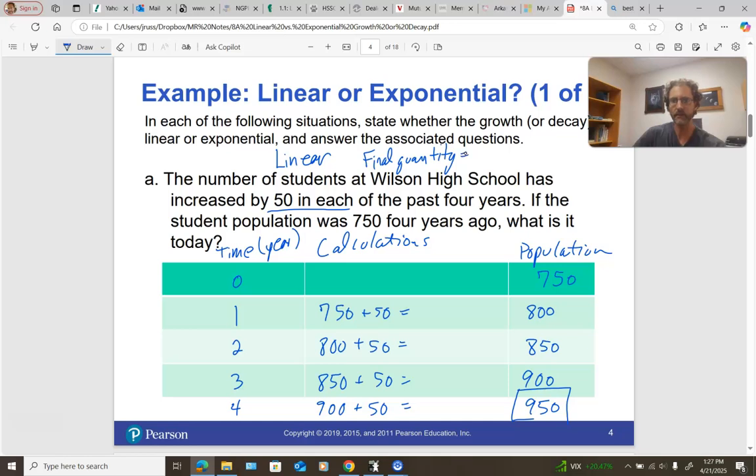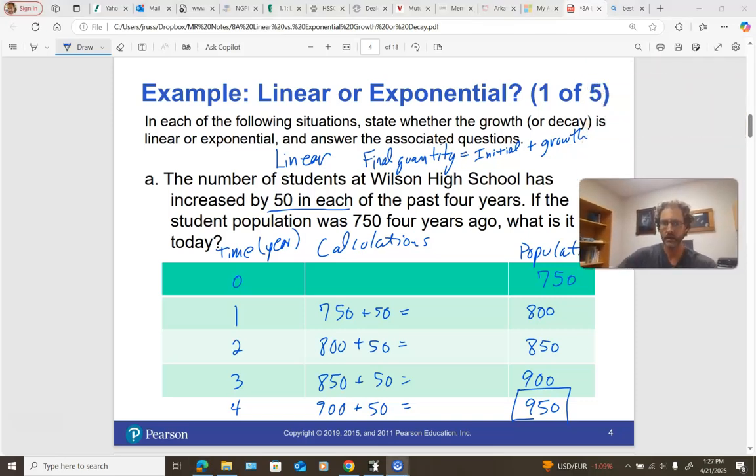So the final quantity for linear growth will be equal to the initial quantity plus the growth rate times the number of years, or the number of units of time.